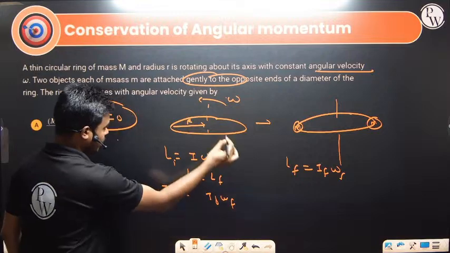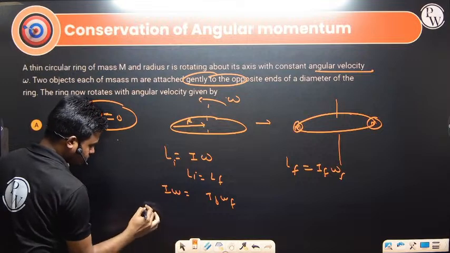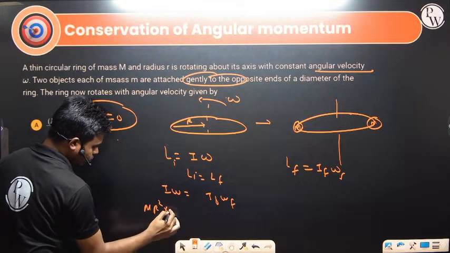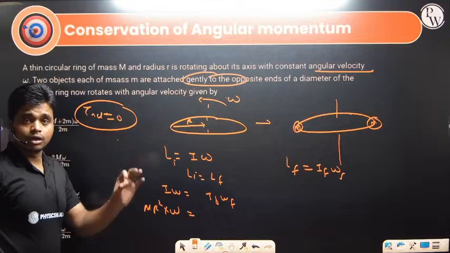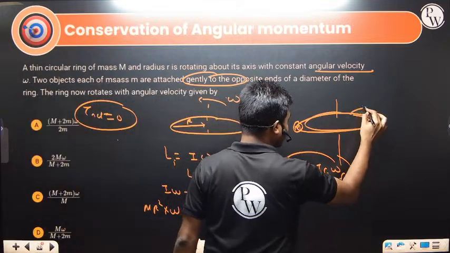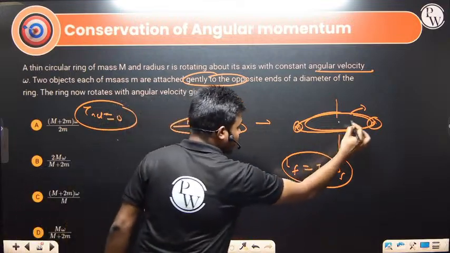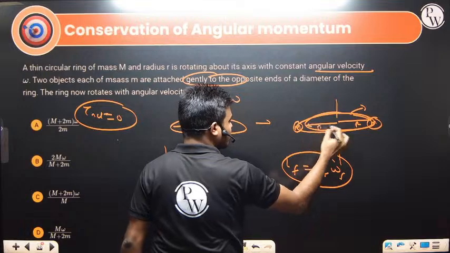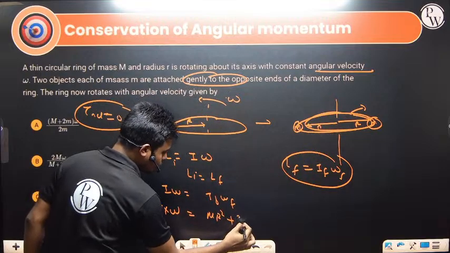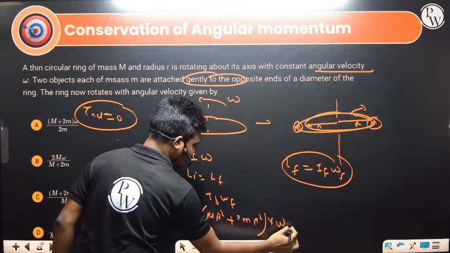What is I? The moment of inertia, that is capital M R square, into omega. And what is If? The final moment of inertia is M R square plus these two masses, each moving in a circle of radius r, so 2m r square, into omega final.